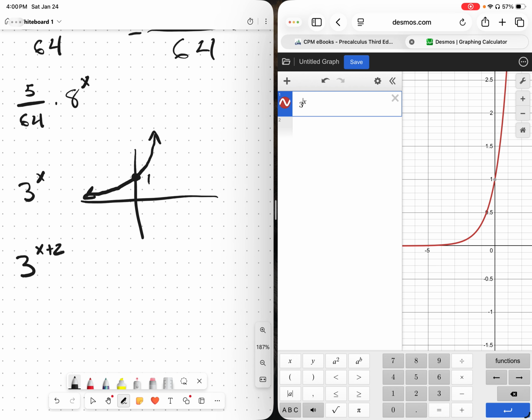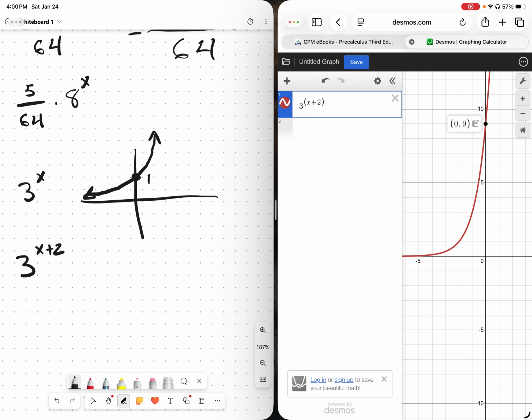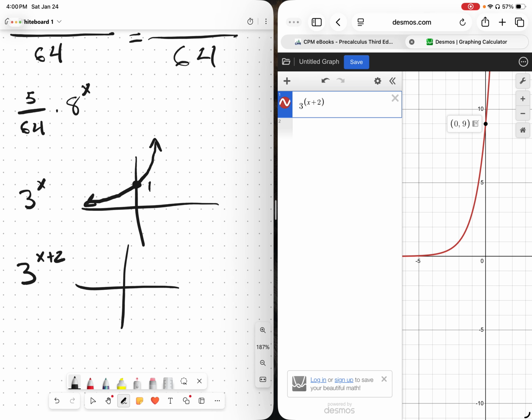So let's go up here and put parentheses plus 2, close. What does it do? It moves it left 2. So that's where your 1 point is, and you're going to get this same deal, but up here it's going to be at 9.